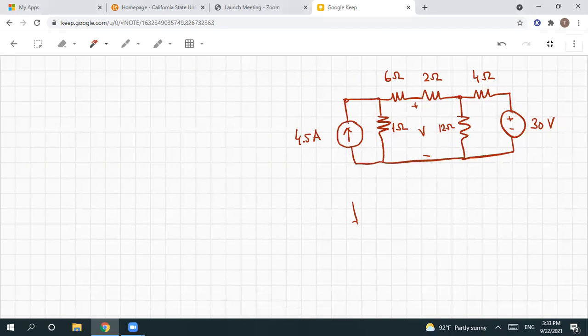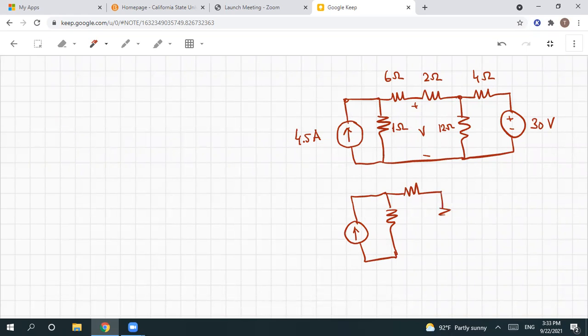I will keep the current source, and I will combine these resistances. As you see, we have two resistances connected in series, and resistances in series can be combined; the equivalent resistance is the sum of these two, 6 plus 2, which is 8 ohms.